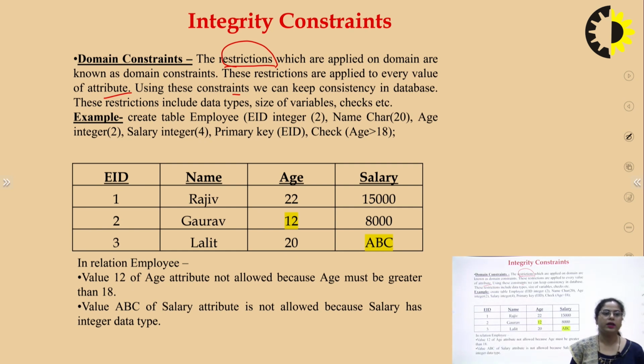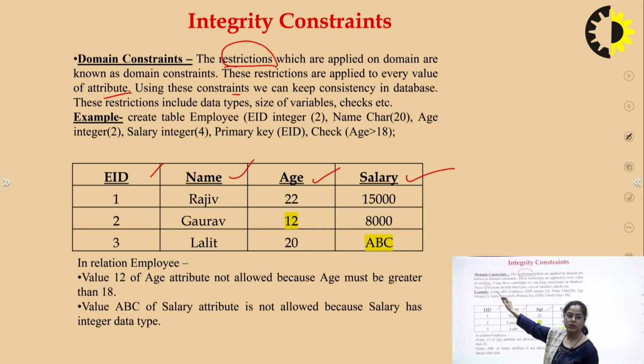We are applying various types of constraints. We can take an example of the domain constraints. Here one table, the employee table, is given, in which employee ID, name, age and salary are the attributes. Now this is the query for this relation.